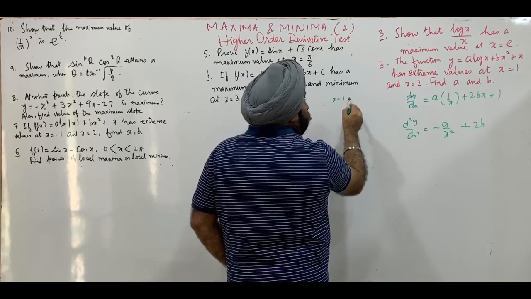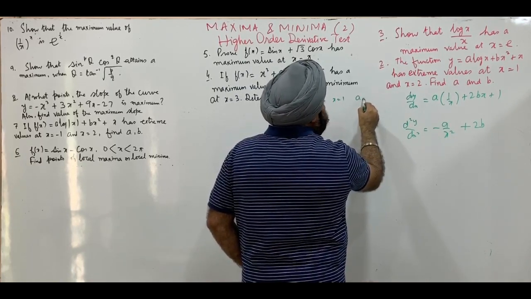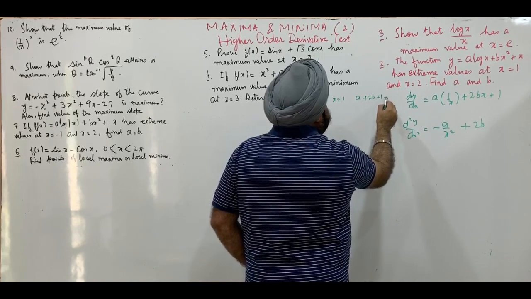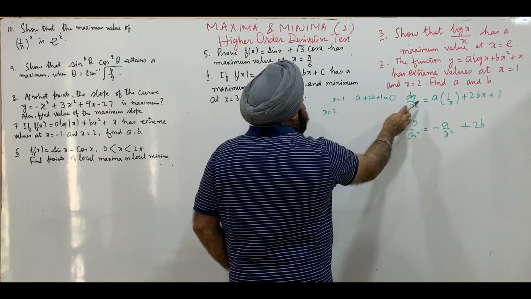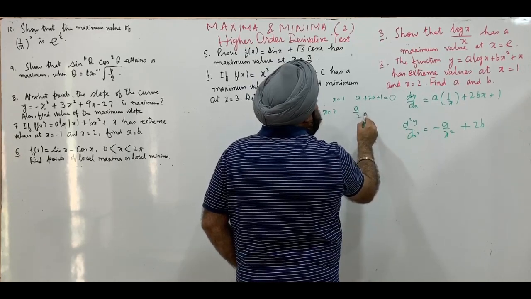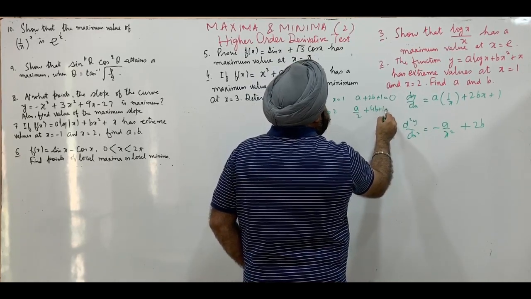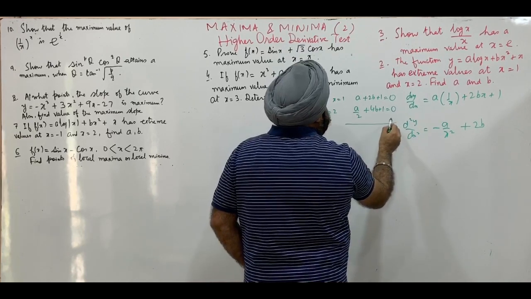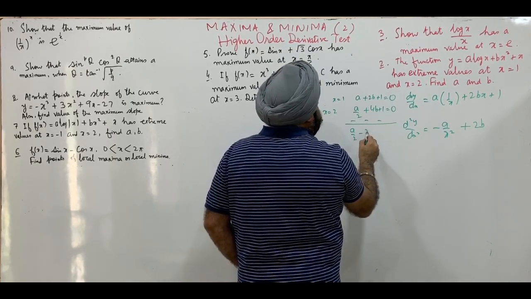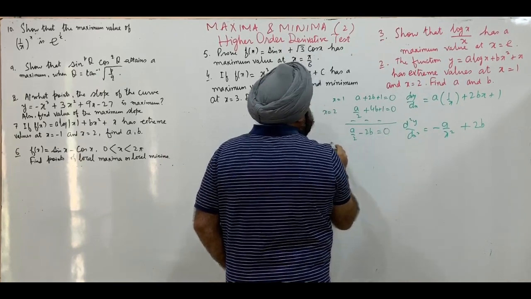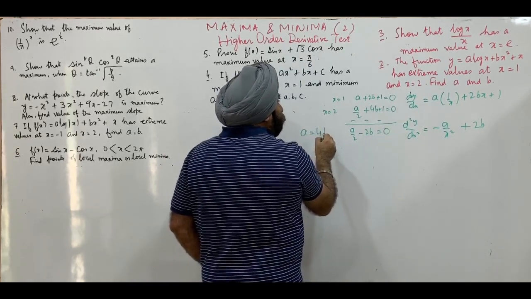This is the first order derivative. When x is equal to 1, this is a plus 2b plus 1, this is 0, and at x is equal to 2, again this is 0, a by 2 plus 4b plus 1, this is 0. Subtract: a minus a by 2 is a by 2, minus 2b, and this is 0. This gives us a is 4b.